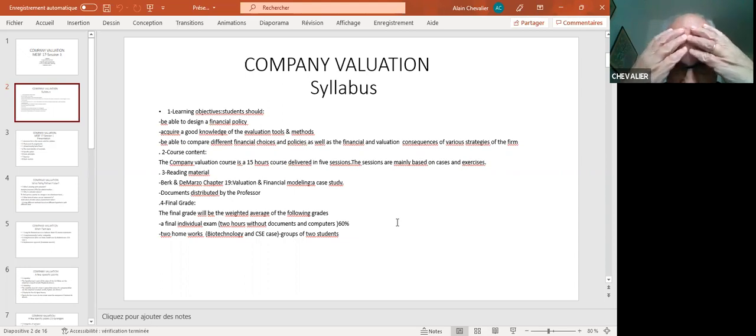You should be able also to compare different financial choices and policies, as well as the financial and valuation consequences of various strategies of the firms. So we will connect the strategies to the financial policy and to the valuation process and the value and the price at the end, which is accepted in the financial operation.